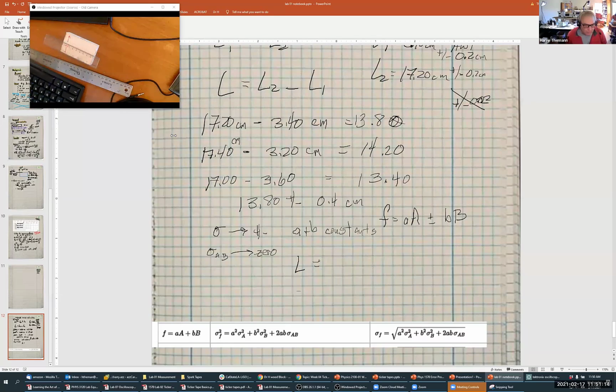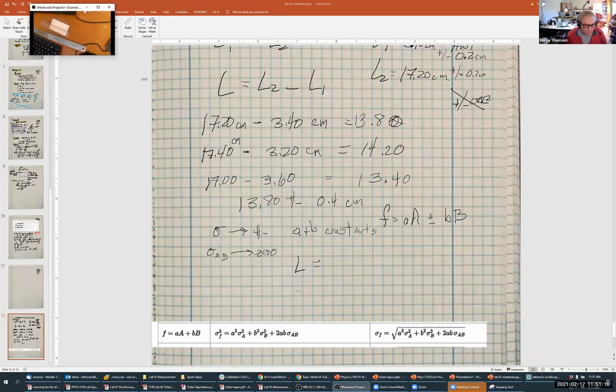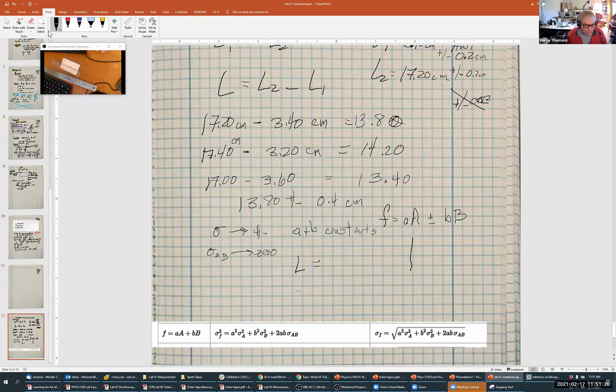Okay, great. So when we say that the two things are independent, I finally thought of a good way to think about it. If we think of a right triangle, and we think of this as sigma capital A and sigma capital B, then we're going to say that the sigma on F is the hypotenuse.